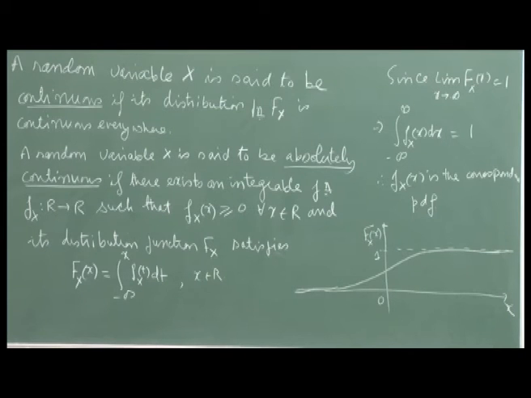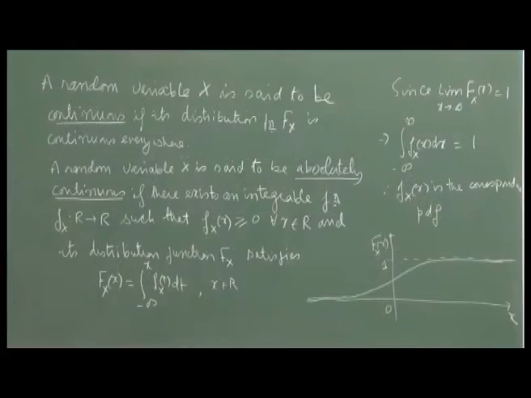Anyway, most of the time in this course I will not say absolutely continuous all the time; whatever is absolutely continuous I will call continuous, and then I will distinguish between a discrete random variable, a mixed random variable, and a continuous random variable. So, what I refer to as a continuous random variable will by definition be absolutely continuous, because of the way we are defining continuous random variables and PDFs in this course.